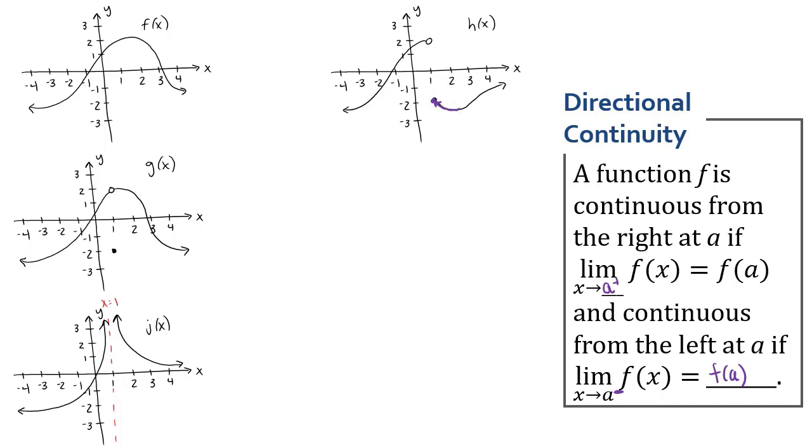Looking at this first function f of x, we've said this is continuous, always. If I look at h of x, this is where directional continuity comes into play. We'd say this is continuous from the right at 1, and that's because the limit as x approaches 1 from the right-hand side of the function equals the function's value there.